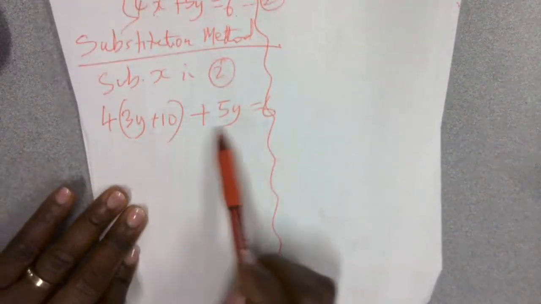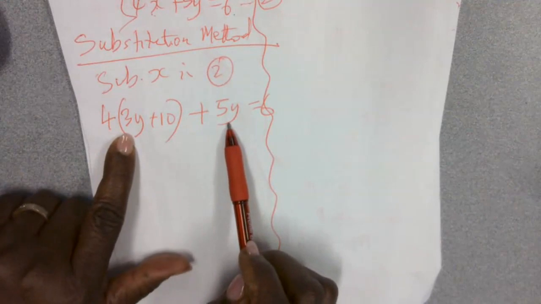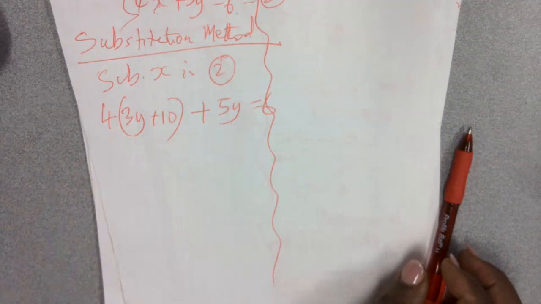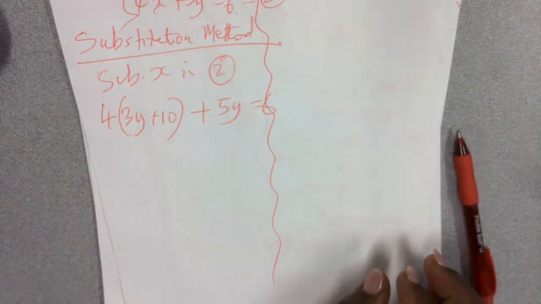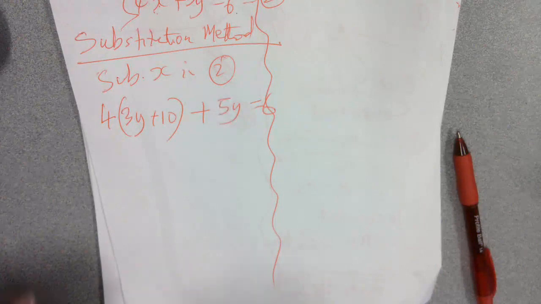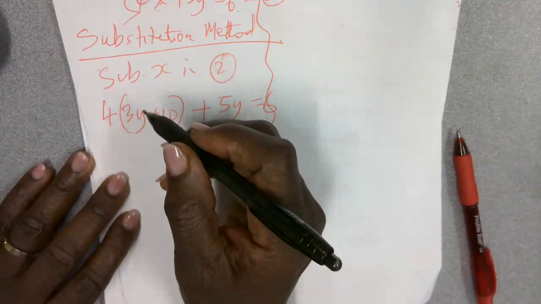So the essence of substitution is to convert the equation to one variable. So now this is an equation in one variable. I can now distribute 4 into that equation. Are you following? Is that clear?